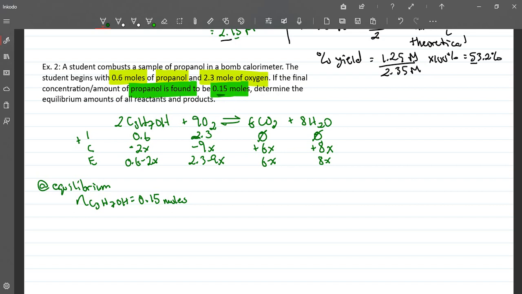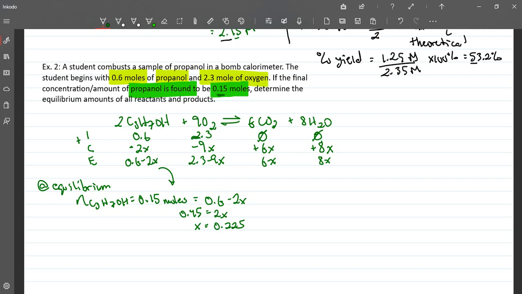We also have an expression for the number of moles of propanol at equilibrium. So we can equate those two. We get 0.6 minus 2x equals 0.15. Do a bit of math here. Divide both sides by 2. Going to get x is equal to 0.225.